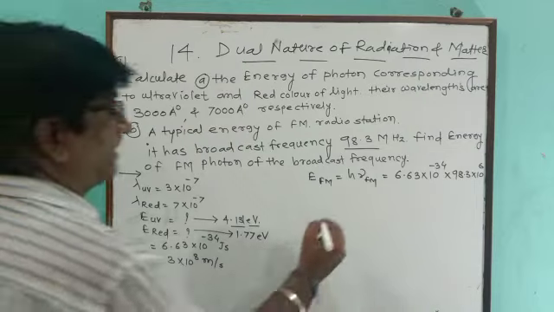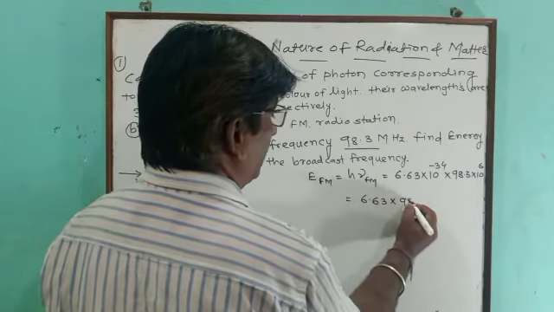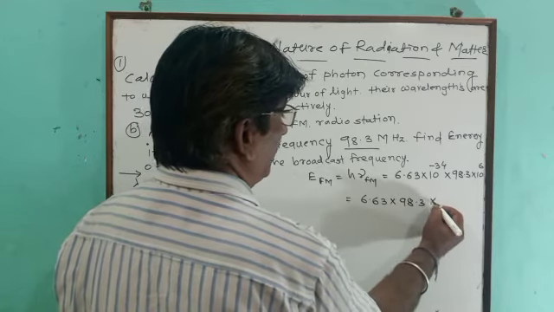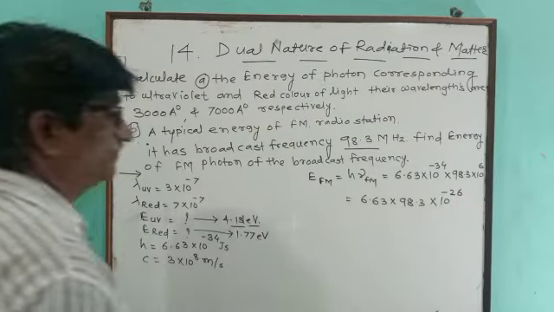So here we get 6.63 into 98.3 into 10 to the power minus 26.